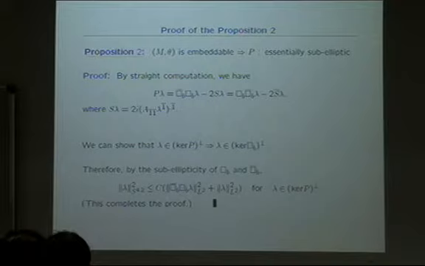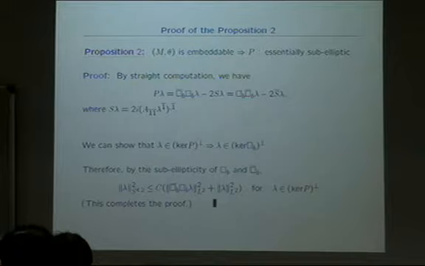On the other hand, by straightforward computation, we can represent the CR-Paneitz operator by these formulas. Here, S is a lower order term, a second order operator. It serves to estimate this first term to show subellipticity of P.